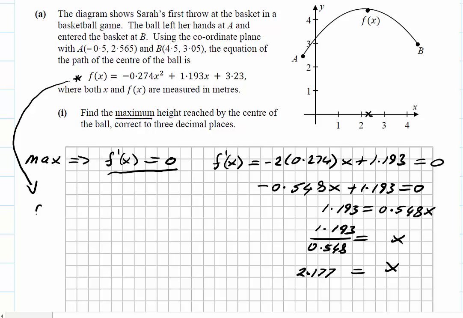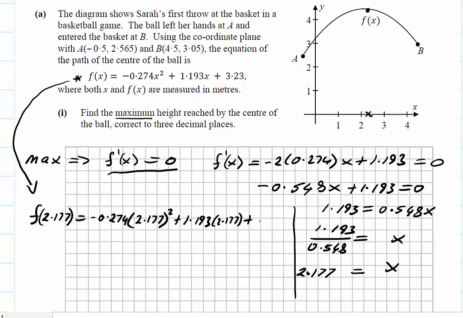So we get f of 2.177 is minus 0.274 times 2.177 squared plus 1.193 times 2.177. Just make a line here to separate the two parts of the question.